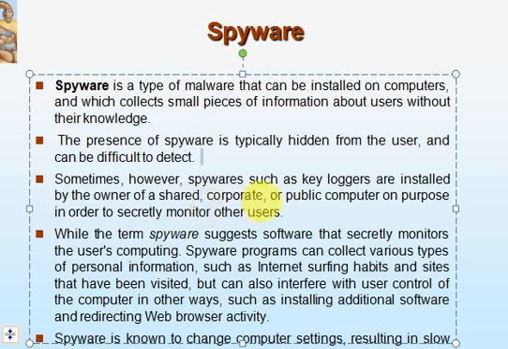However, sometimes keyloggers are installed by the owner of a shared or public computer on purpose in order to secretly monitor other users. It can collect various types of personal information such as internet surfing habits and sites that have been visited, but can also interfere with user control of the computer in other ways.